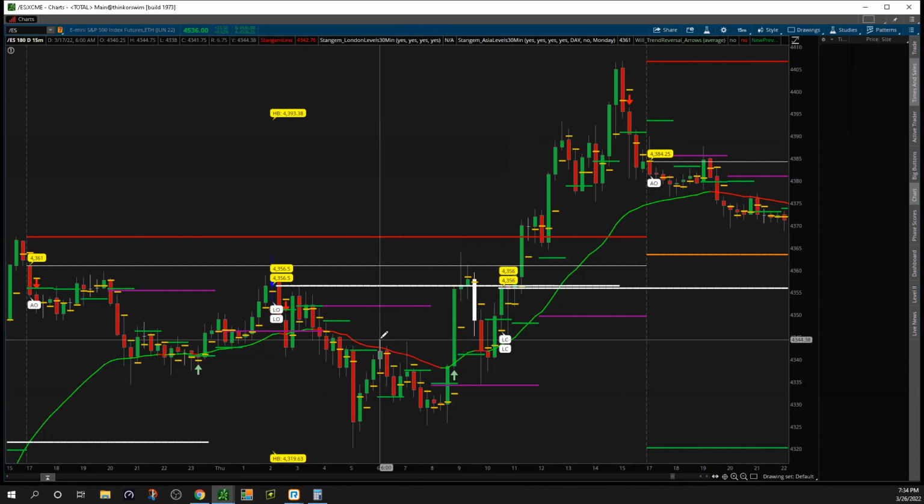The 6 a.m. candle. We're looking for the high and low from here to London Open. We got a low down here. London Open is 56.50.